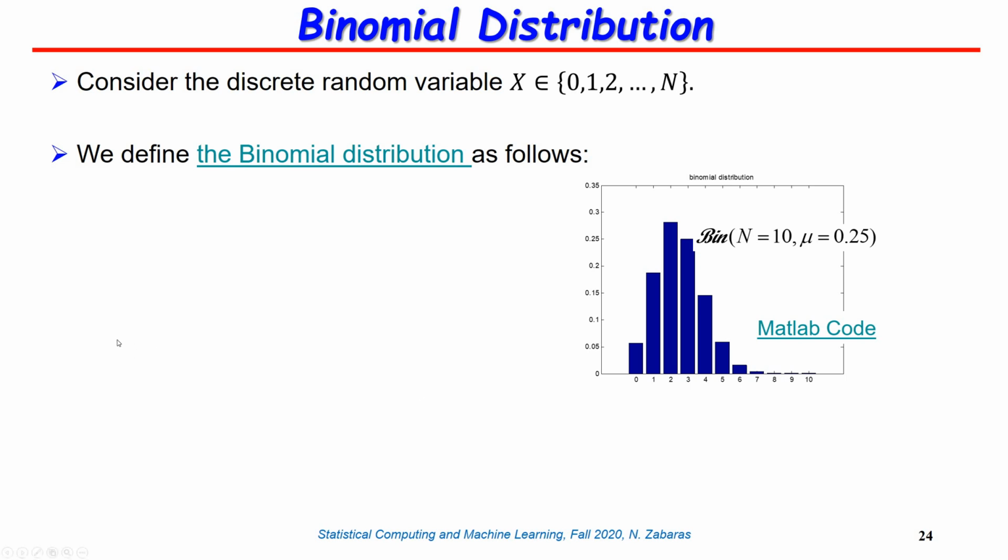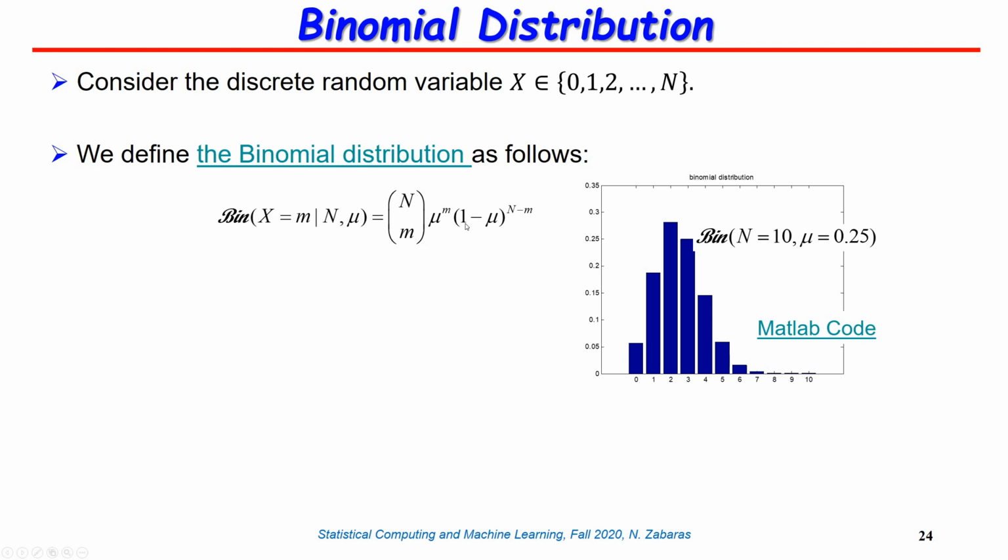Well, the distribution that actually gives you that is what's called the binomial distribution. It basically is defined as you see here, and it's a distribution that tells you the probability of getting m heads in n experiments, when the probability of getting heads in one experiment is mu, exactly like what we had before with the Bernoulli distribution.